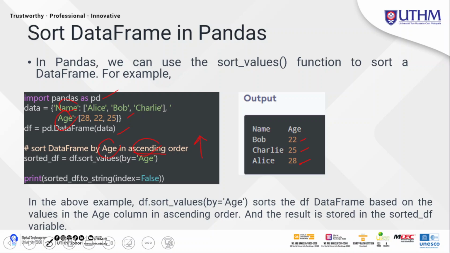In this example, df.sort_values by age sorts the data frame based on values in the age column in ascending order, and the result is stored. And remember, for ascending order, usually we won't have any declaration at the back here.